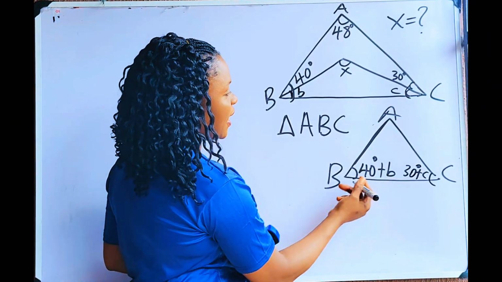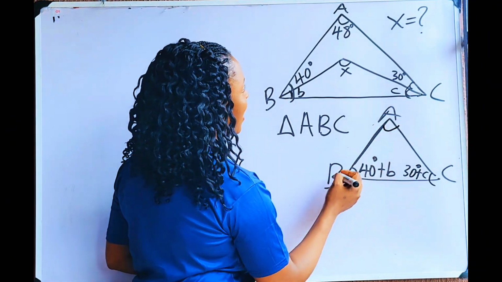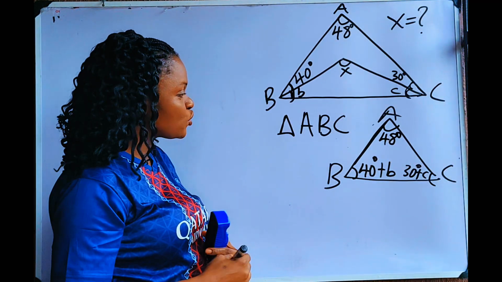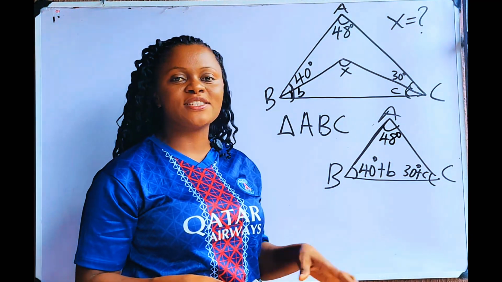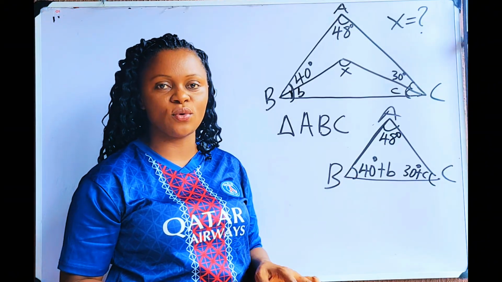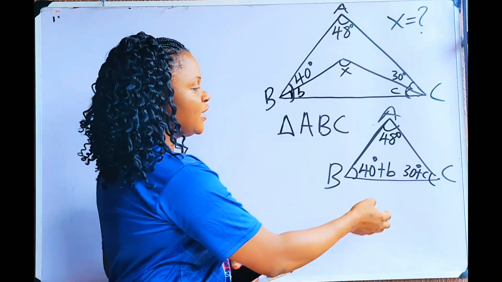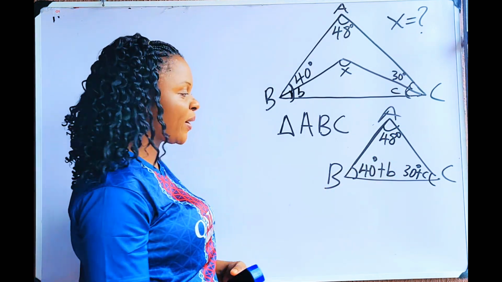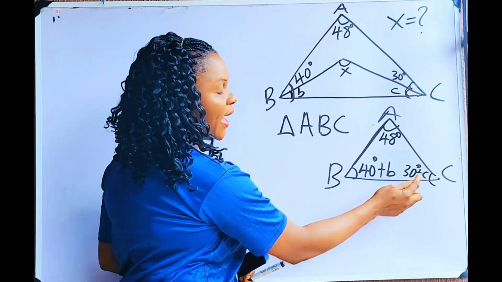I added all these angles here, and this is it. Now for up, this angle A here is 48 degrees. So from here, remember that the sum of the angles in a triangle is equal to 180 degrees. So all we need to do is to sum up all these angles and equate it to 180 degrees so that we can find the value of b and c.